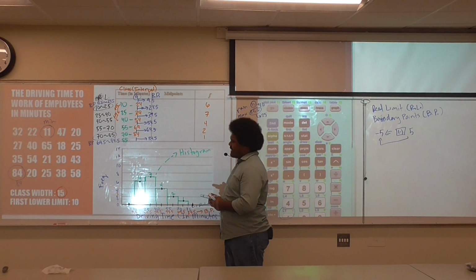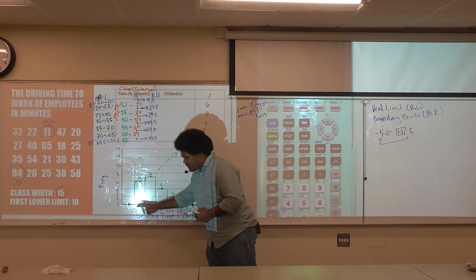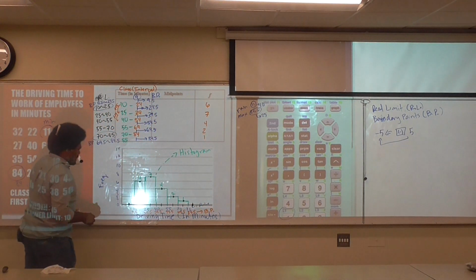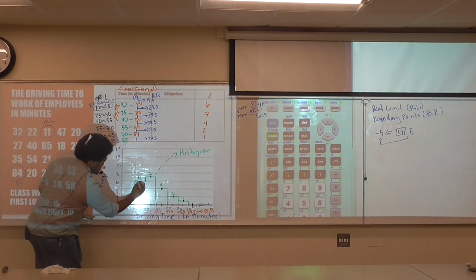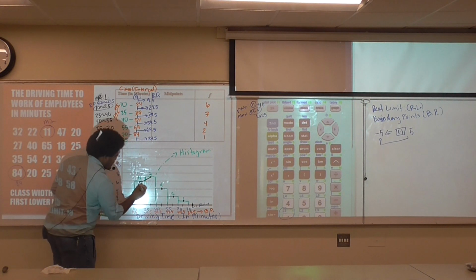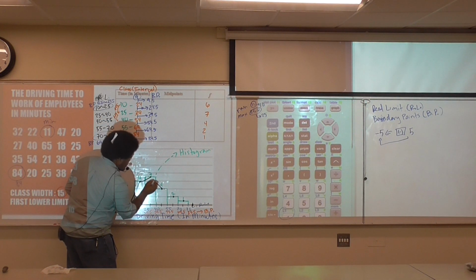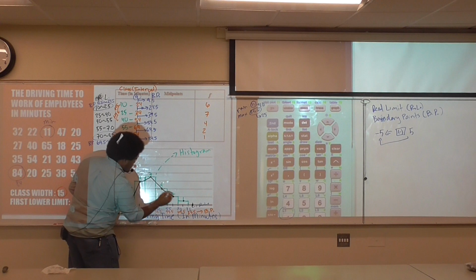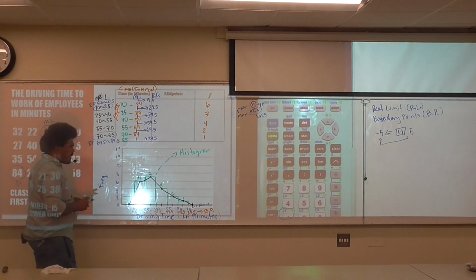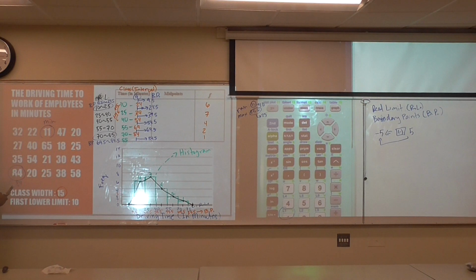So we have a midpoint one interval before the first interval, and a midpoint one interval after the last interval. At those two midpoints, the frequency is supposed to be 0 because we want it to hit the x-axis. Now when we connect the lines as best as possible, with straight lines, I have a polygon that corresponds with the histogram.